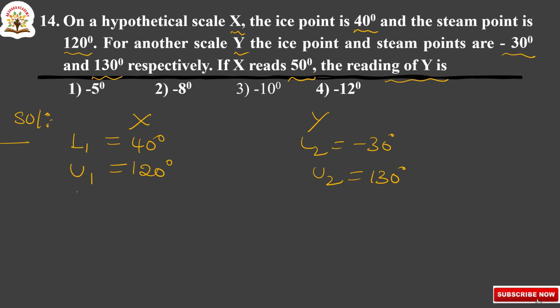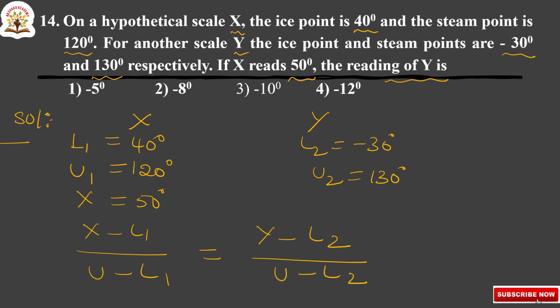So here x is given as 50 degrees. (x minus L1) by (U1 minus L1) is equals to (y minus L2) by (U2 minus L2).